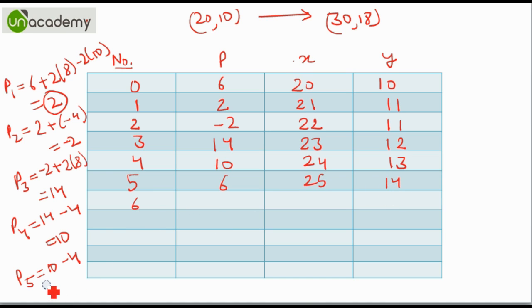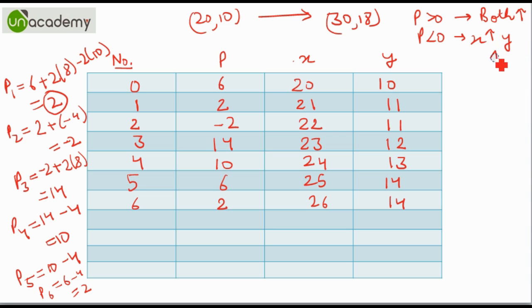Sixth iteration, we have 6 minus 4, that is 2, incrementing both. Whenever we have p greater than 0, both increment. If p is negative, x increments, y remains the same. That was what we discussed in the algorithm in the previous video.